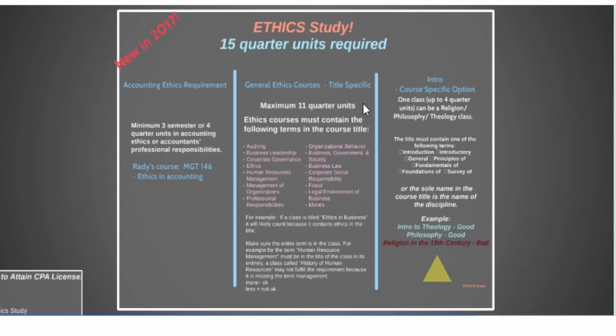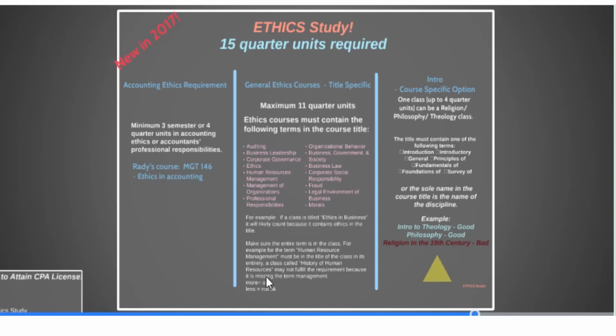Now, for the general ethics courses, it asks you for a maximum of 11 quarter units or a maximum of 3 classes in courses that contain the following terms: auditing, business leadership, ethics, etc. So all of those, you can read them right here, are considered their ethics subjects.